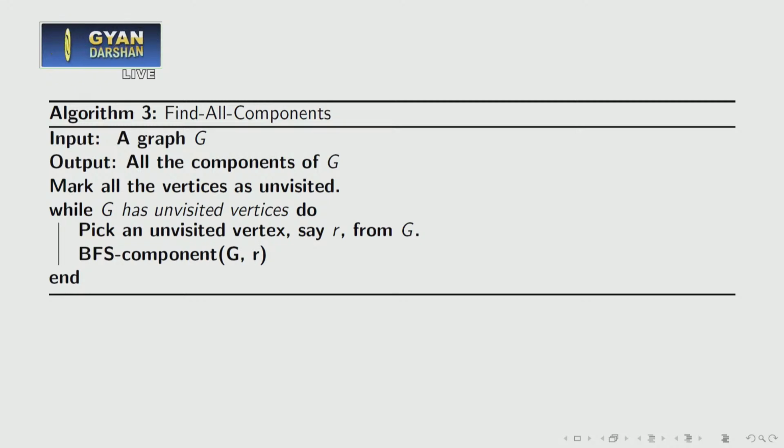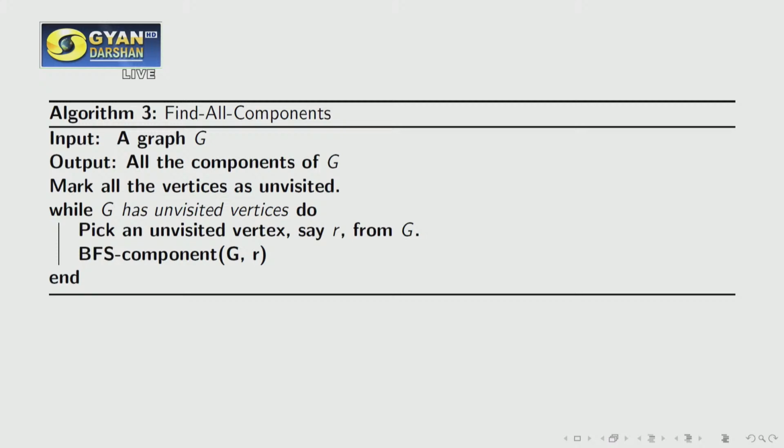The code or the algorithm for finding all the components is as simple as given here. It just takes the input graph G, and its output is all the components of G. Initially we mark all the vertices as unvisited, and while G has unvisited vertices, we pick an unvisited vertex, say R, from G, and then call BFS component with root R. This way we shall continue to print components as long as there are unvisited vertices.